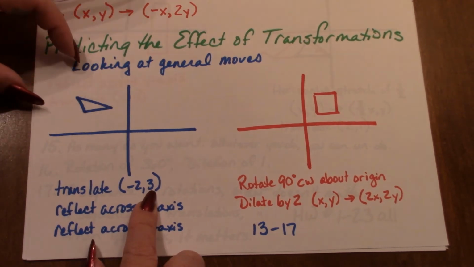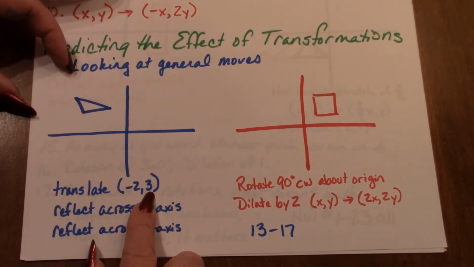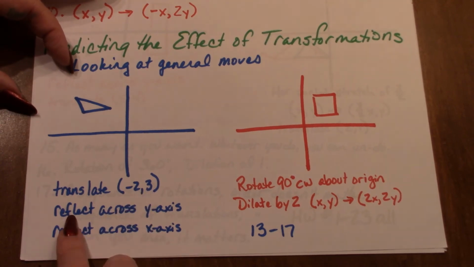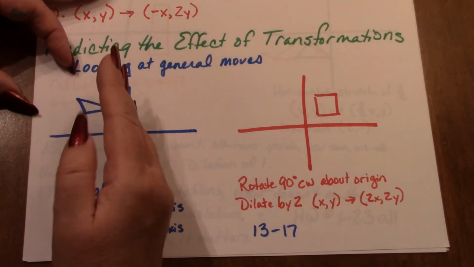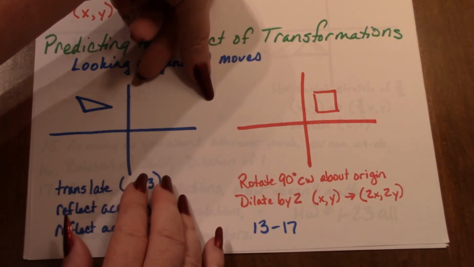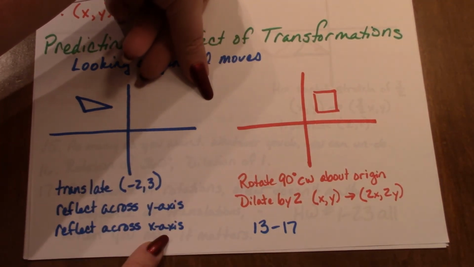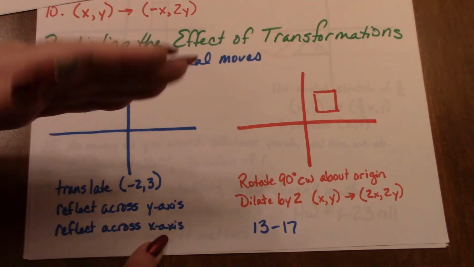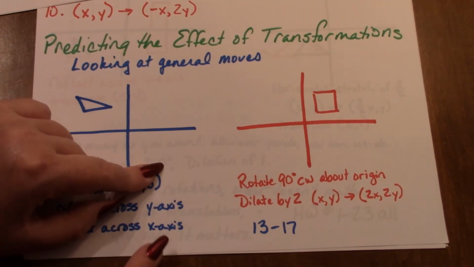So that's going to put it farther into quadrant 2. Then we're going to reflect it off the y-axis, which is going to put it straight into quadrant 1, then reflect it off of the x-axis. That puts it in quadrant 4.